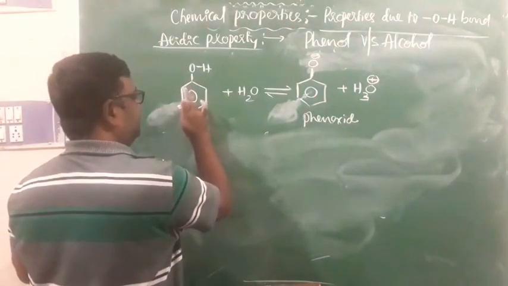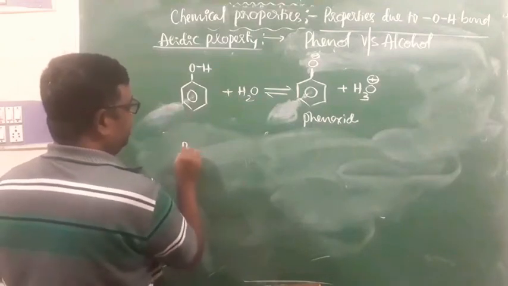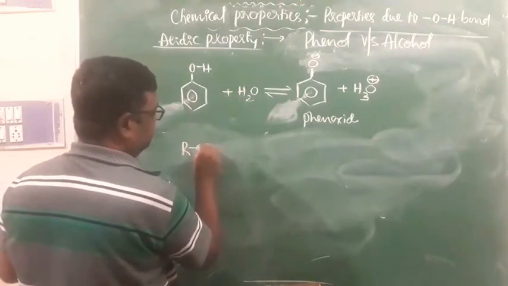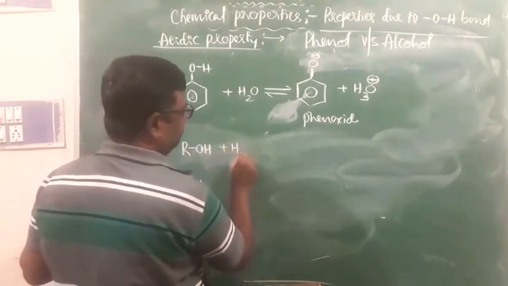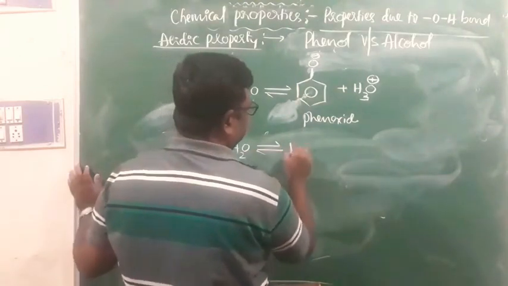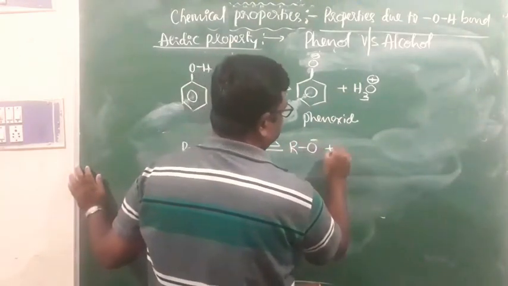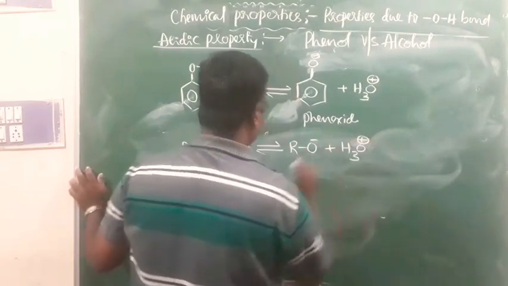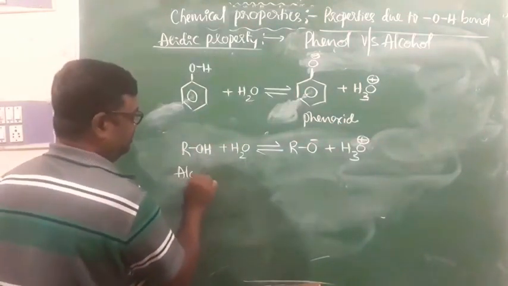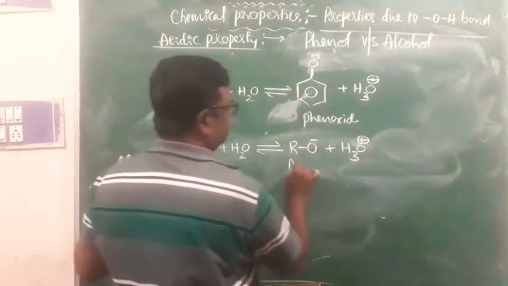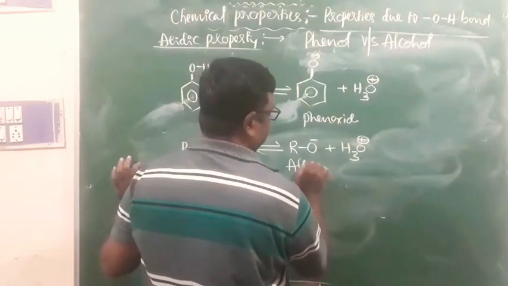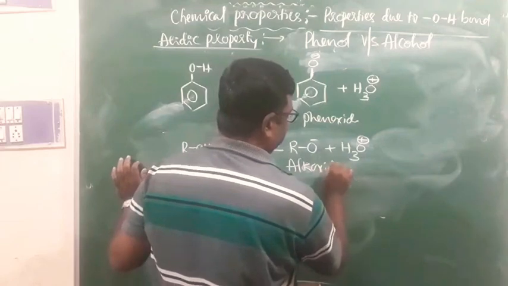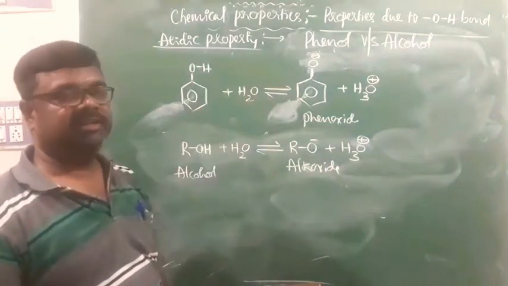Imagine if I take ROH, when it comes in contact with water, it releases H plus and becomes RO minus, and of course H3O plus. This is alcohol, and this is alkoxide. This is phenoxide.